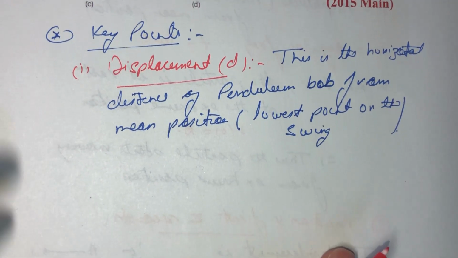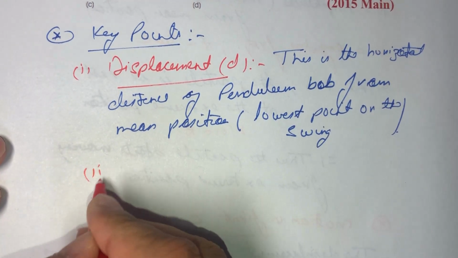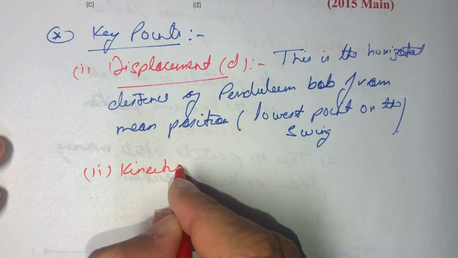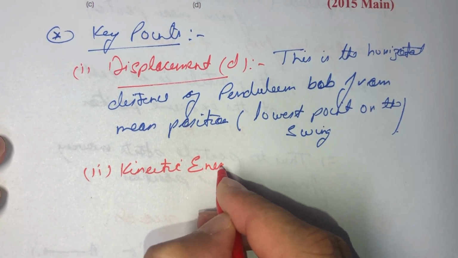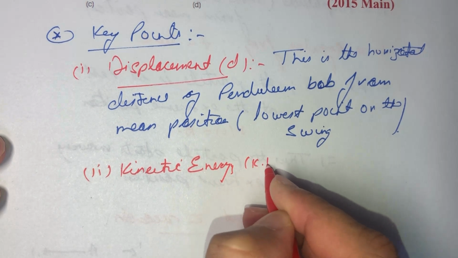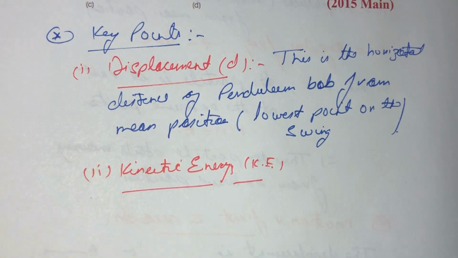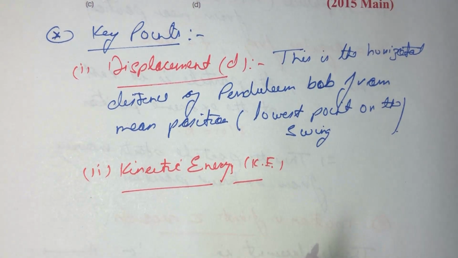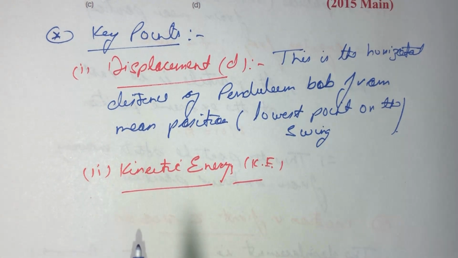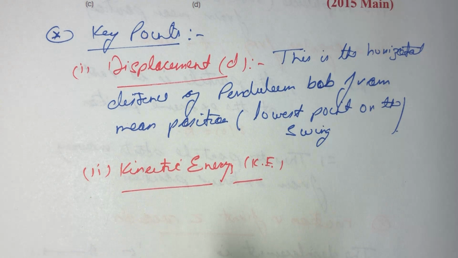Second is our kinetic energy. So the kinetic energy of the pendulum is maximum at the mean position, or we can say that speed of the pendulum is maximum at the mean position. So the kinetic energy is maximum at the mean position and decreases as it moves towards the extreme position.